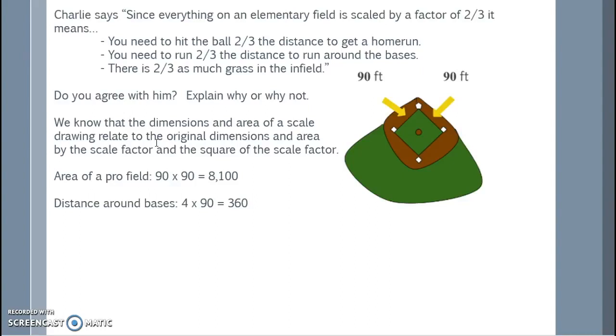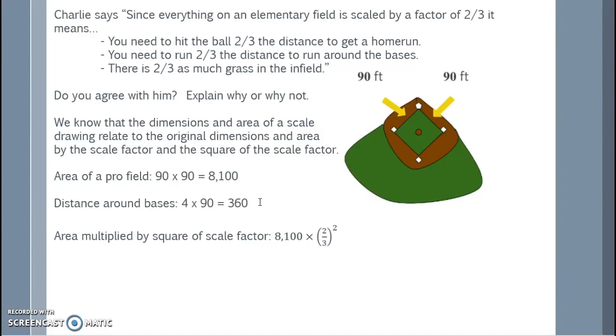The distance around the bases is 4 times 90. Home plate to first is 90, first to second is 90, second to third is 90, and third to home is 90. So the distance is 360 feet all around the bases.